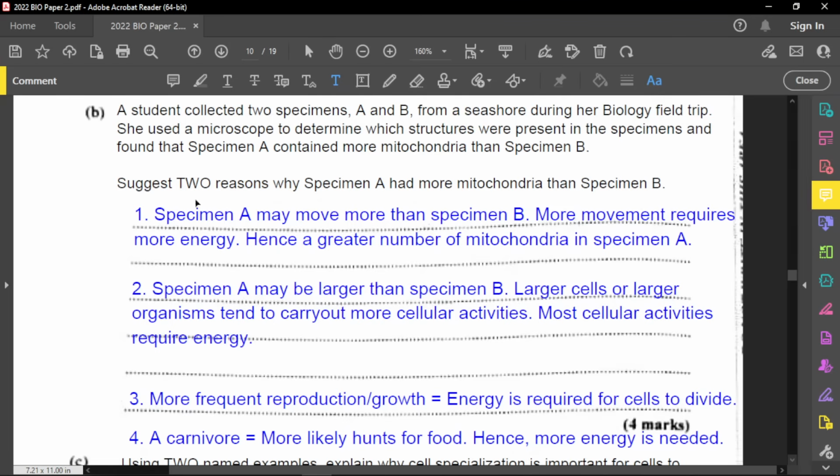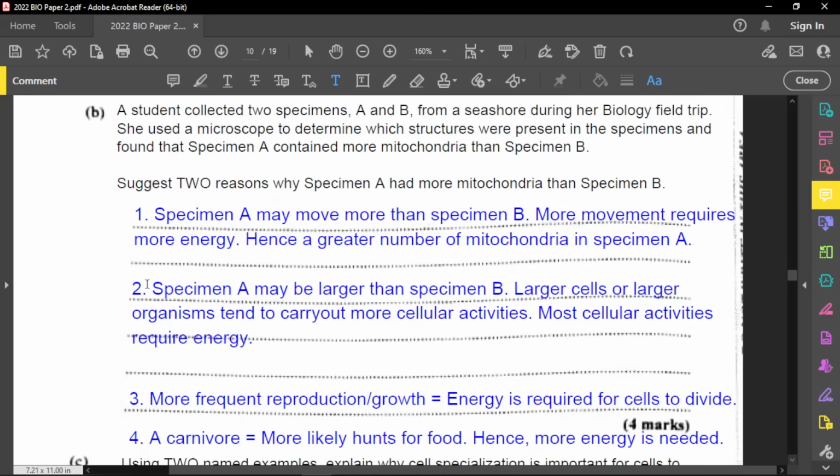Now, one is that specimen A may move more than specimen B, naturally, because if you move more, then you require more energy. And if you require more energy, naturally the cells would adapt to have more mitochondria. So hence a greater number of mitochondria in specimen A because it's more motile. Specimen B may not be a motile organism, may stick to one place and not move really.